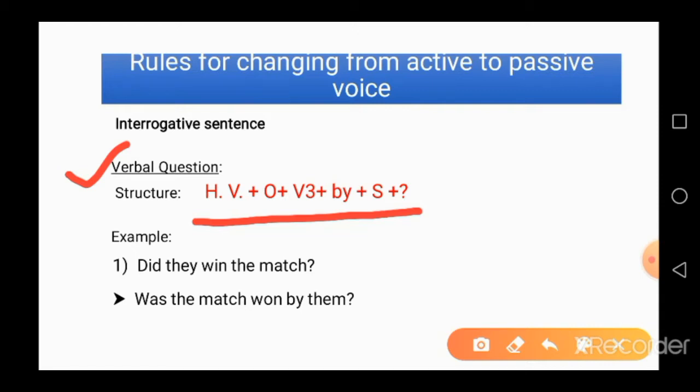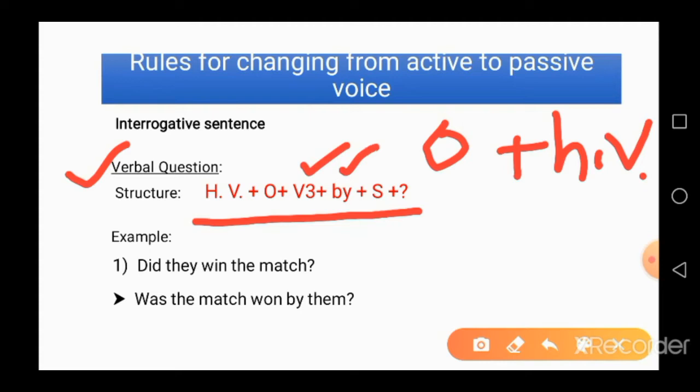Student, in assertive sentence, the passive voice format is where we take object first and then helping verb, then third form of the verb, by and subject.